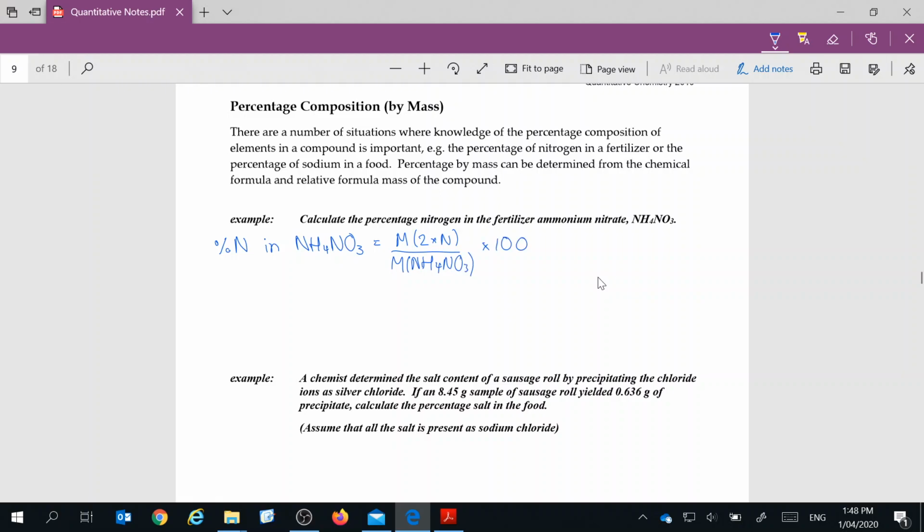We love percentages. So 2 nitrogens: 2 lots of 14.01, divided by the molar mass of the whole thing.